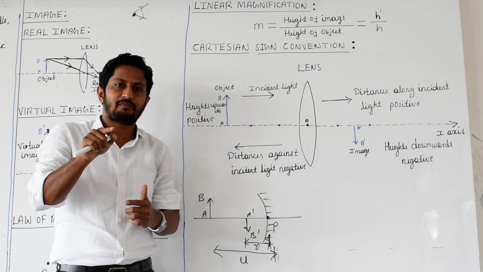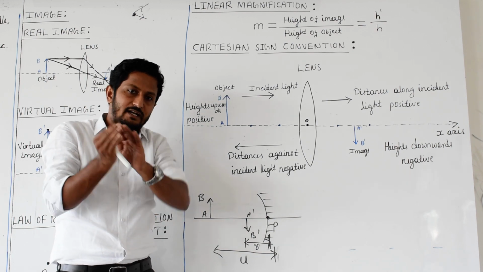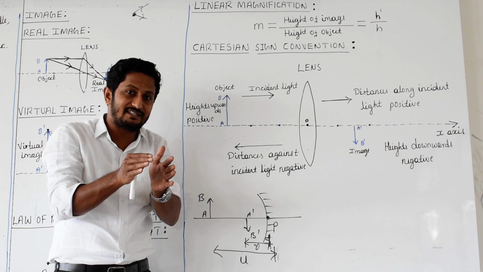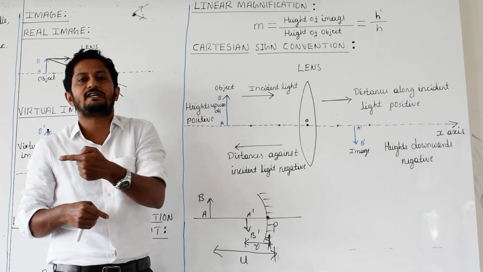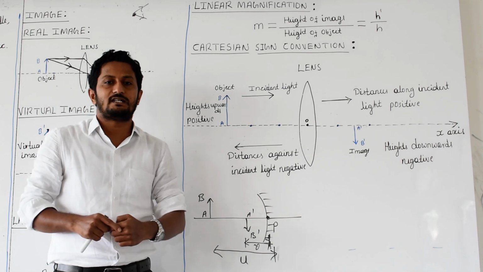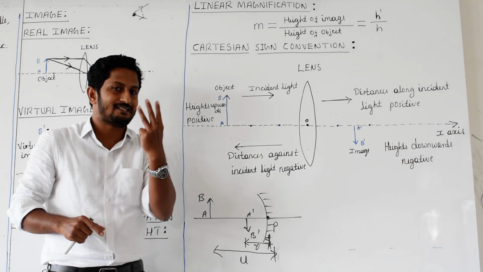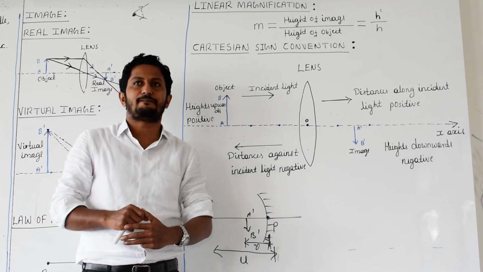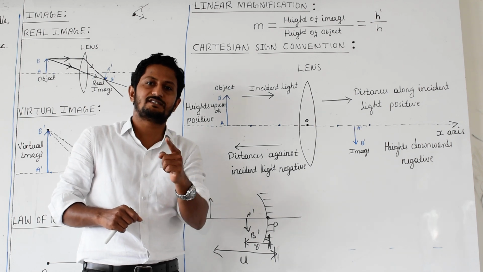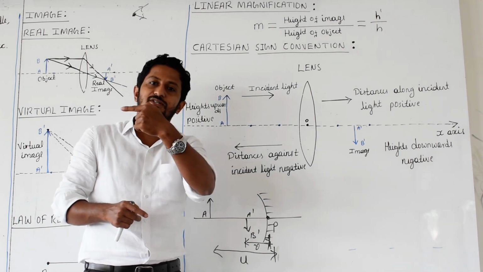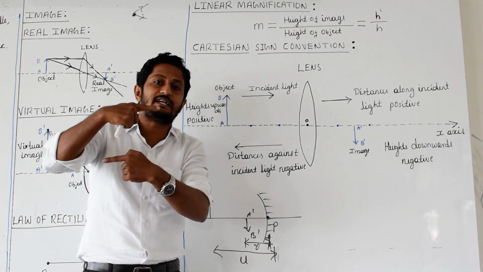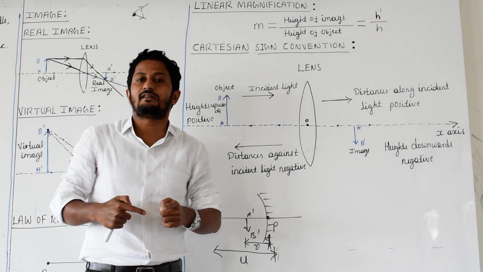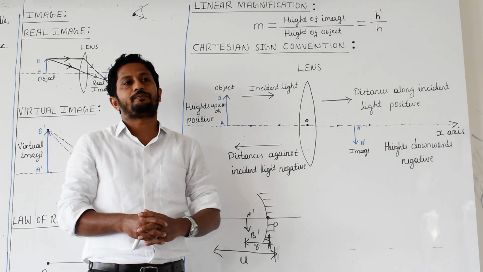That minus does not mean the value is negative. That minus tells you that you measured it in the opposite direction to the incident light. We understood. That's the third sign convention. The distances measured in the opposite direction to the incident light ray direction are taken as negative.